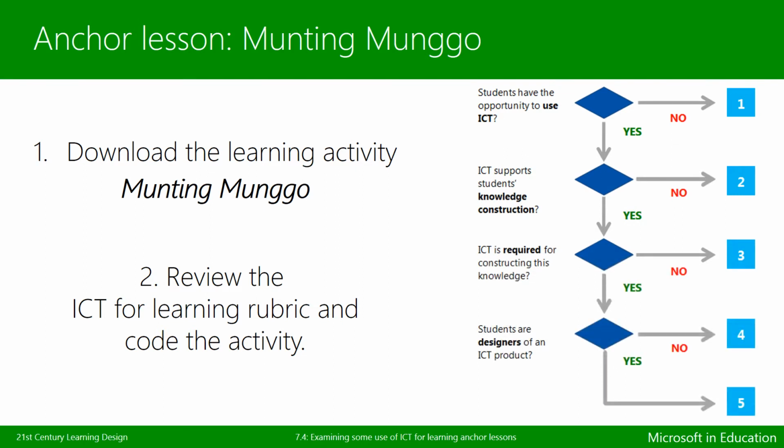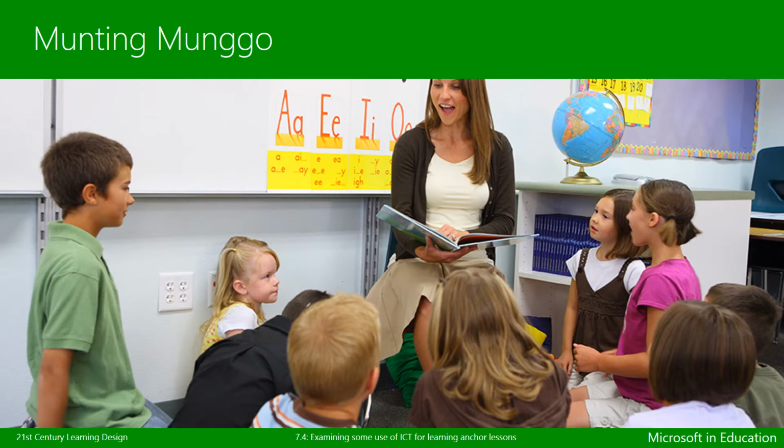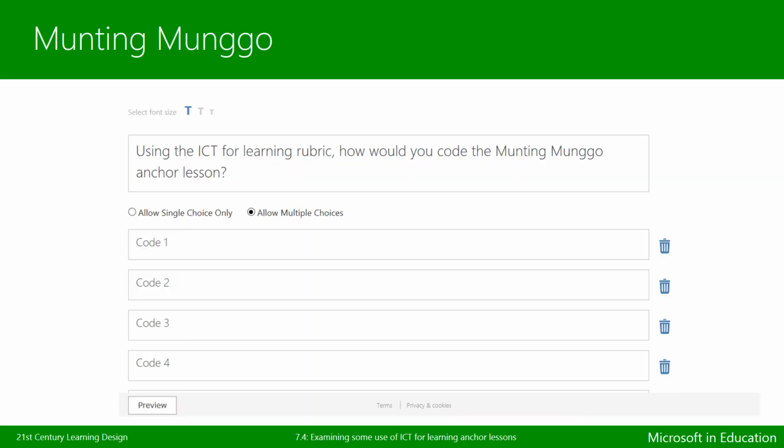In deciding how to code it, you need to be able to point to evidence in order to justify the code you select. Remember, you are not looking for what you think you might do. Instead, you are looking for evidence to support the code you are giving this learning activity. Having examined the Munting Mungo, please indicate the code you assign to this learning activity.